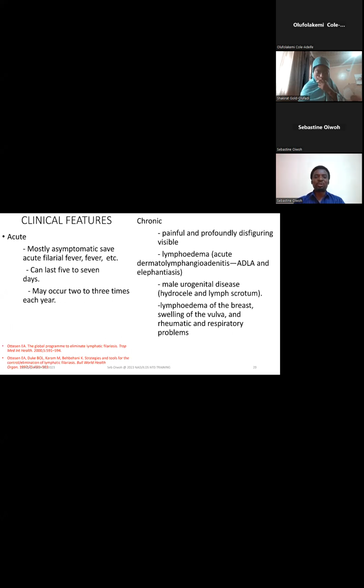It's also important to know that we can have two to three of these episodes in a year, and they can be quite painful and disfiguring. It can affect the genitalia, the breast, the vulva, and other parts of the body.